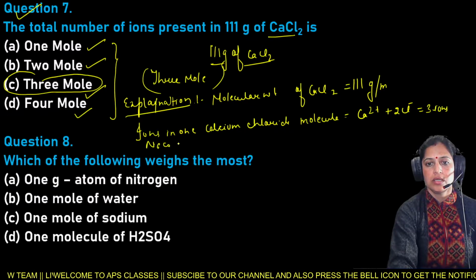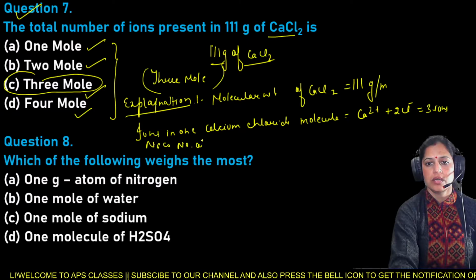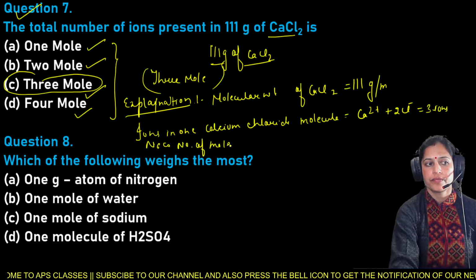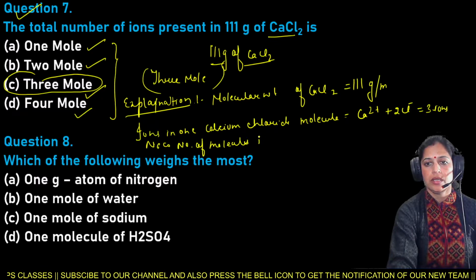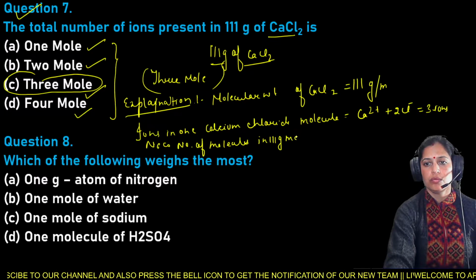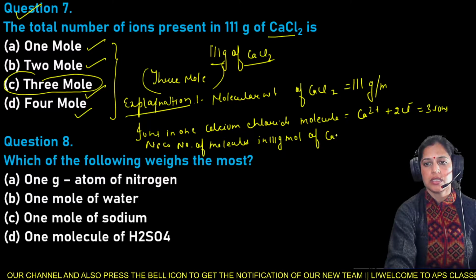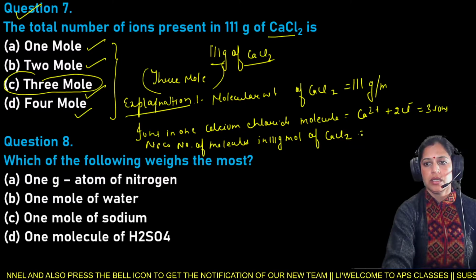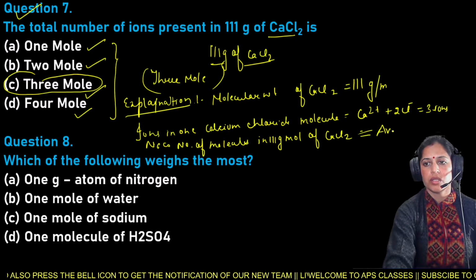Now, the number of molecules in 111 grams of CaCl2 is equal to Avogadro's number.